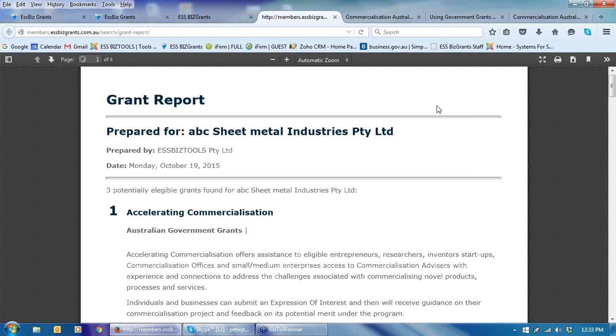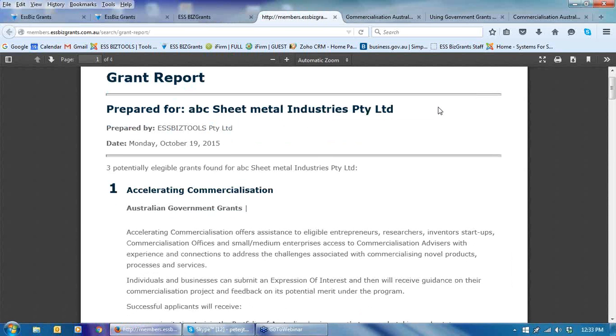We then click on Print Report. And the system is producing a report in the name of the client, ABC Metal. It's dated today. The prepared by would be your name as the subscriber to ESS BIZTOOLS. So you don't have to worry that it's going to be saying ESS BIZTOOLS or ESS BIZGRANTS.